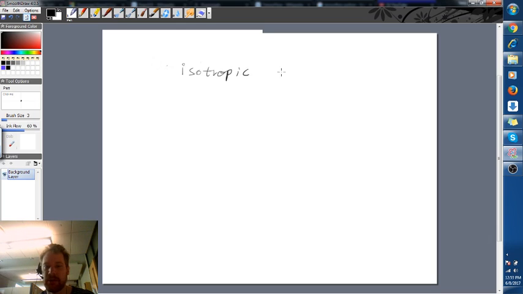In an isotropic flux, what's happening is the angular flux is uniformly distributed across all angles. Or that is to say, there's no variance.